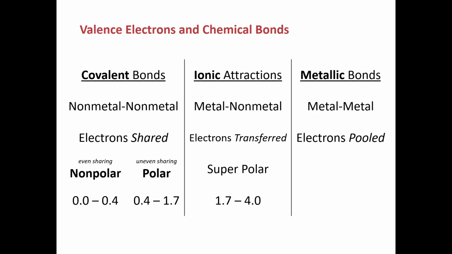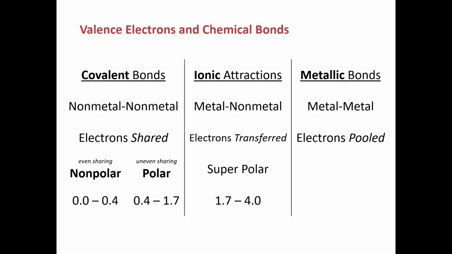These typically occur between nonmetals and other nonmetals. Since there's not a metal present that has a couple extra electrons to give up, instead, what these nonmetals do, since they both need a few electrons to become stable, is they share their electrons. And in that fashion, they become stable. We'll take a closer look at this in a bit. And then there's the third type of bond, which is a metallic bond.